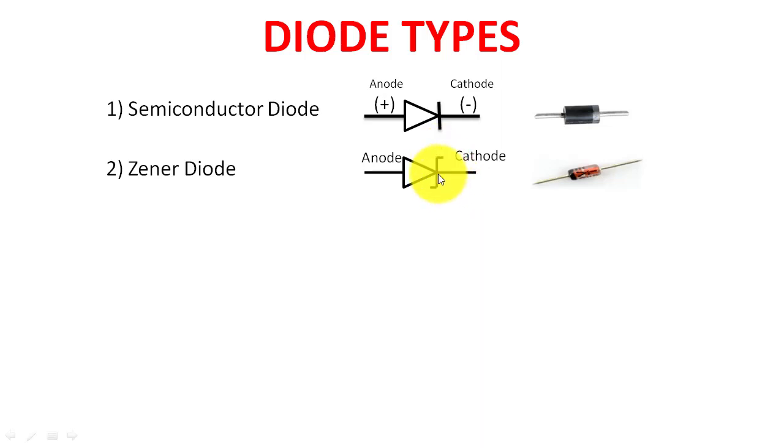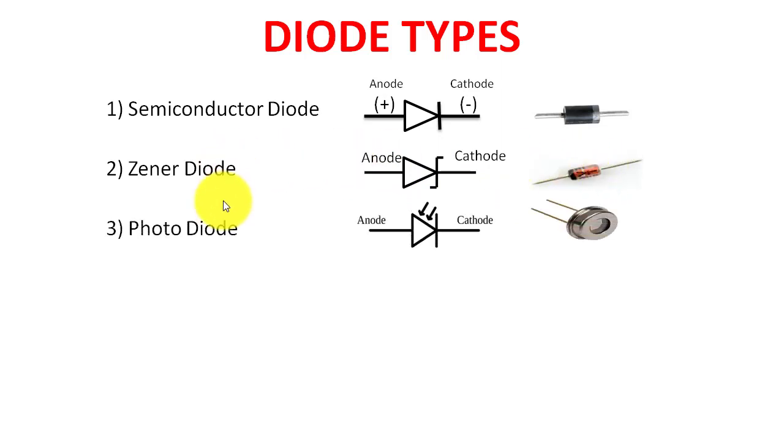All Zener diodes are fixed, and the Zener voltage decides how much voltage will pass. This is the symbol, and this is the actual Zener diode on a board.